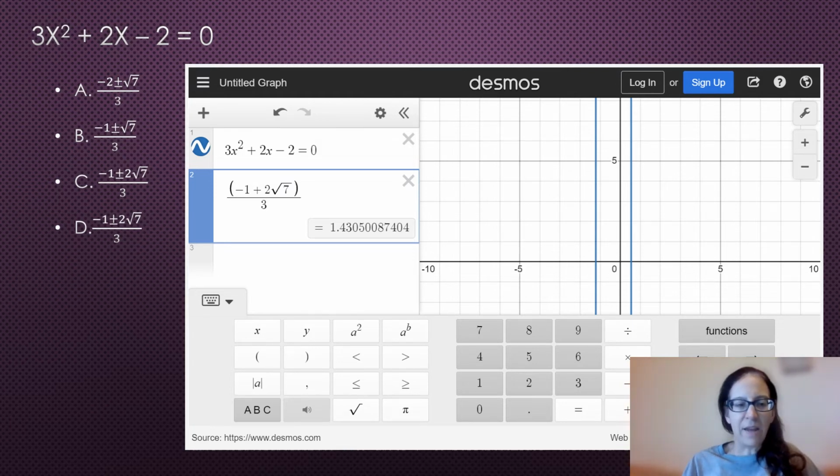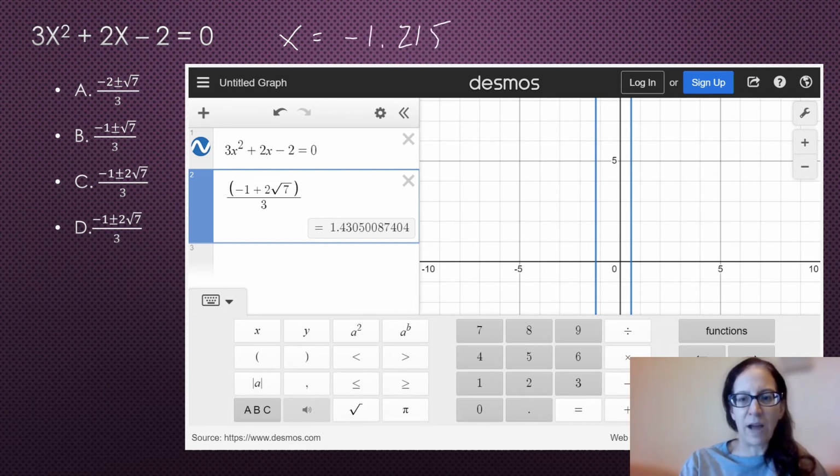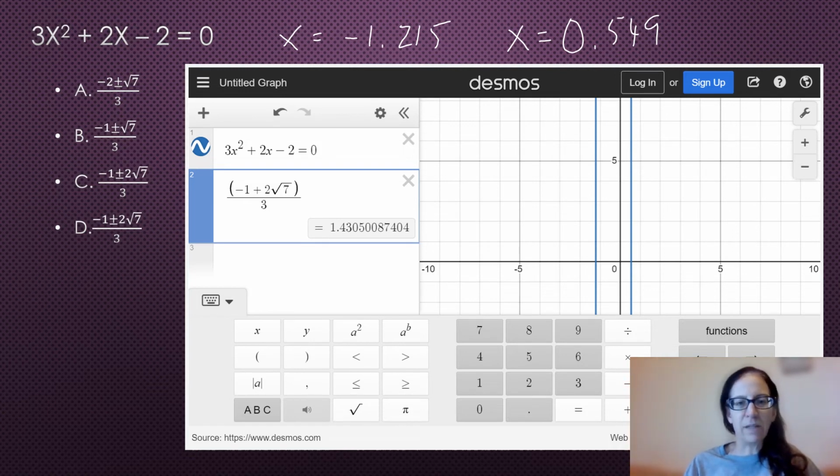Now I'm going to click over here and turn on my pen, and I'm going to write those numbers down. So x is equal to negative 1.215, and the other answer looks like 0.549.